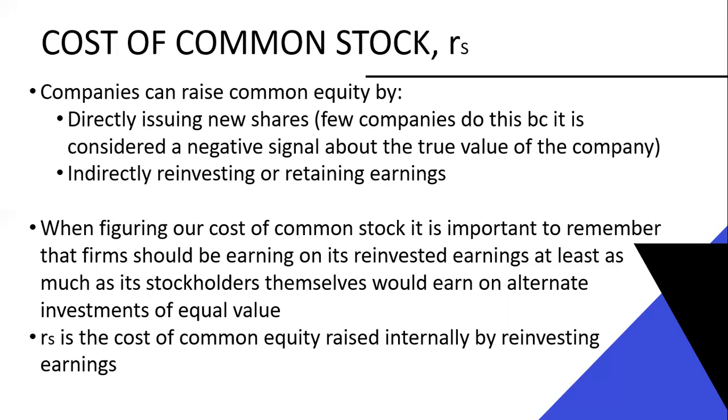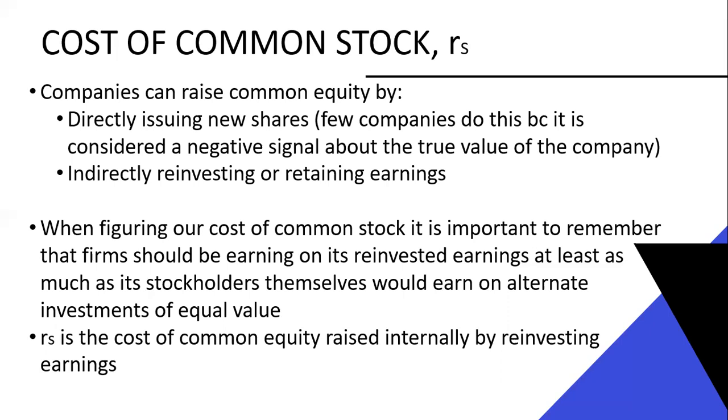Now, the cost of new equity is R S, as I mentioned just a second ago. And this is the amount that firms should earn on its reinvested earnings, at least as much as its stockholders themselves would earn on an alternate investment of equivalent risk.